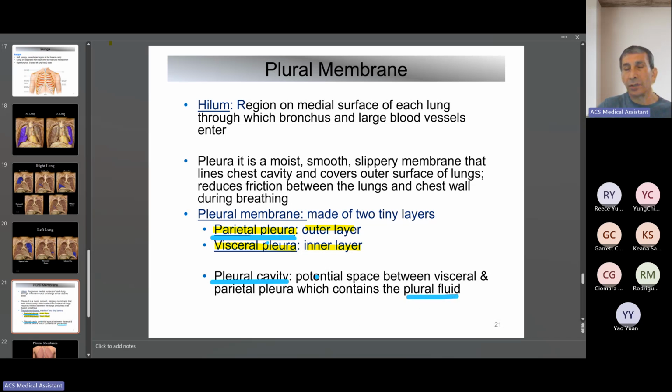And what is the function of this pleural fluid? Well, it allows the lungs to flexibly expand and contract. And when they expand, they hit some other organs like the heart, and they're not going to get injured because this is a very tiny membrane.